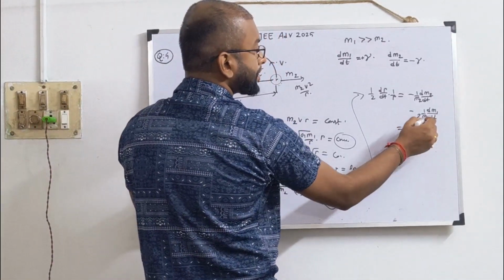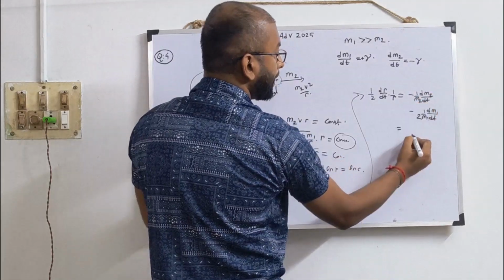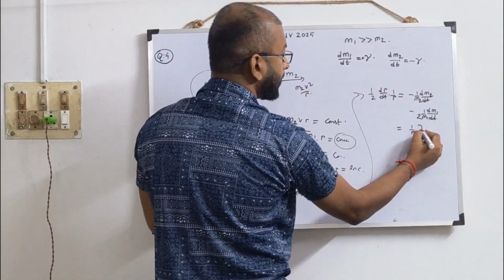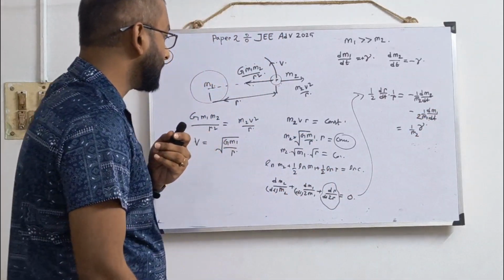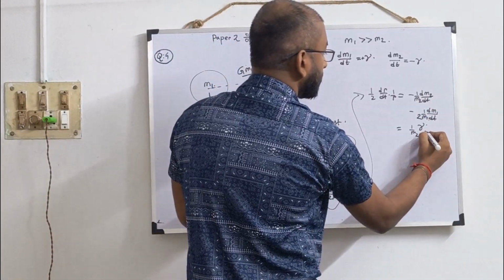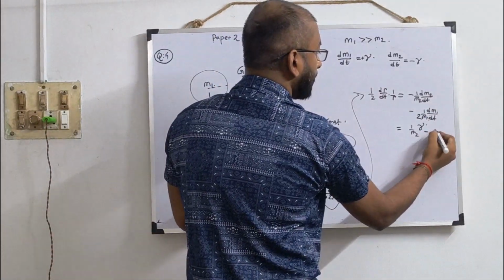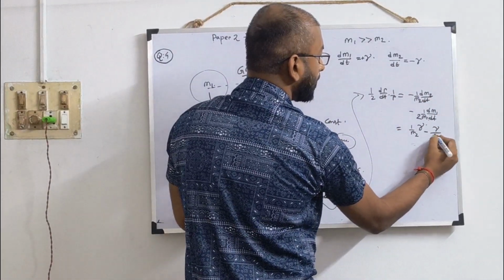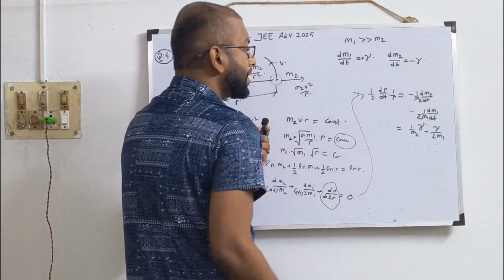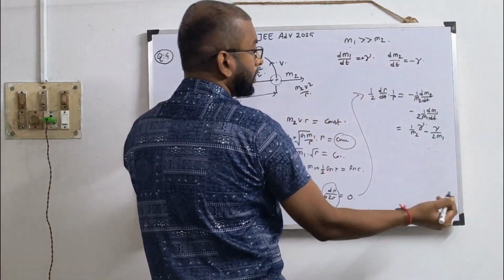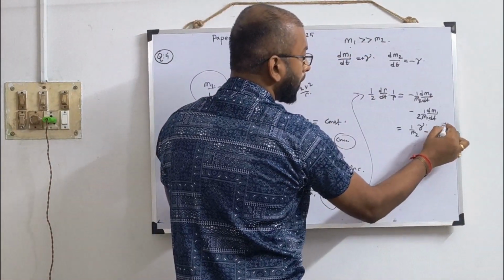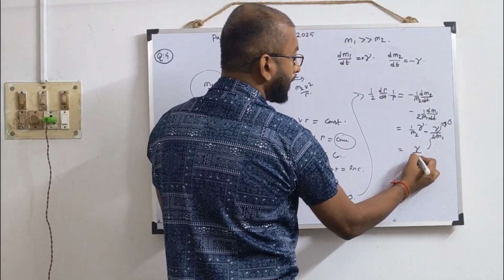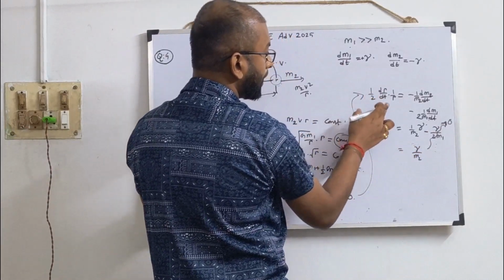But see, this term dm2/dt I can write as minus gamma. So this minus gamma, if I write, and minus dm1/dt is plus gamma, so it is gamma by 2m1. But see, as m1 is very high, I can ignore this term and consider it very close to 0. So entire thing what I am getting is gamma by m2, that is half of dr/dt into 1 by r.